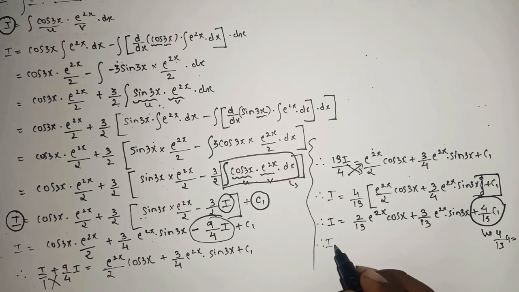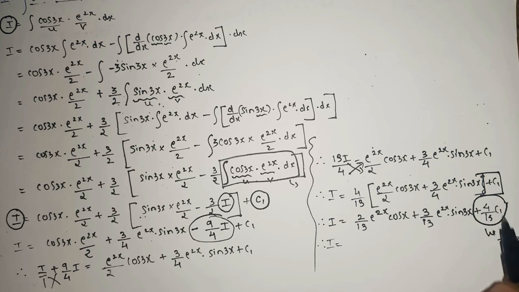So for the final answer, because this is an indefinite integral, whether it is c, c1, c2, or 4 upon 13 c1, let it be. Both are one and the same. Whatever the indefinite constant, it is there, no problem.